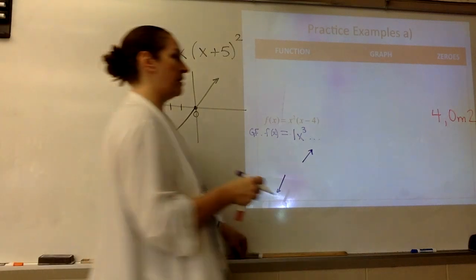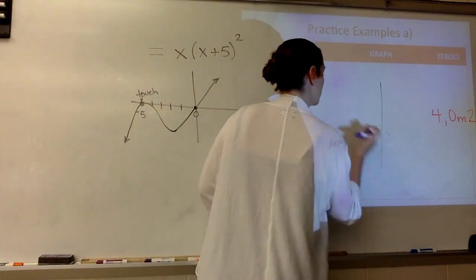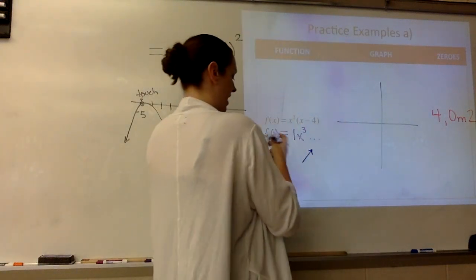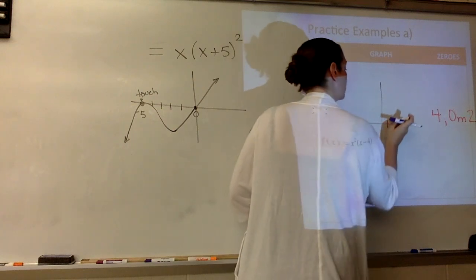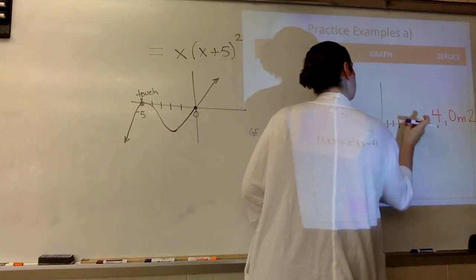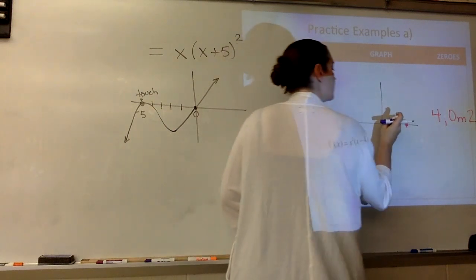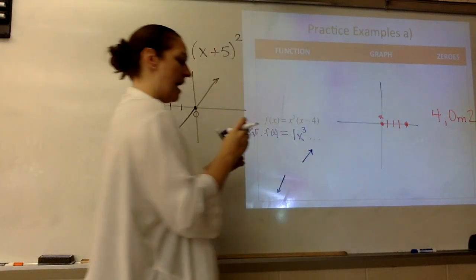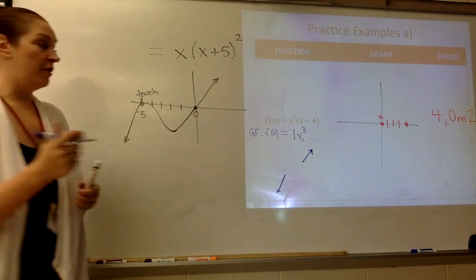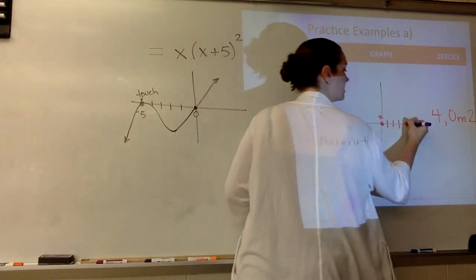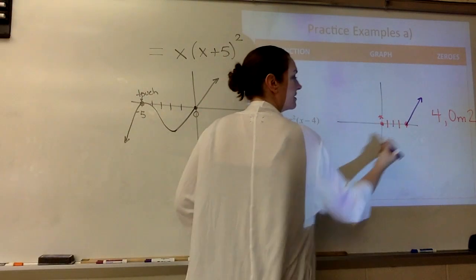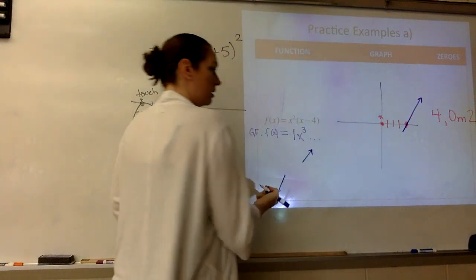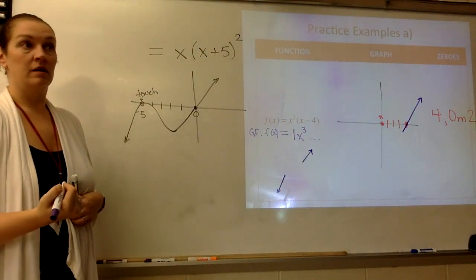Okay, so then I make my graph, and I say, okay, here's what I know. I know that at 4, 1, 2, 3, 4, I have a 0 or x-intercept. At 0, I'm going to put a little star by this. I have an intercept. On the far right, my graph is going to rise. Perfect. And it's going to cut through at 4.